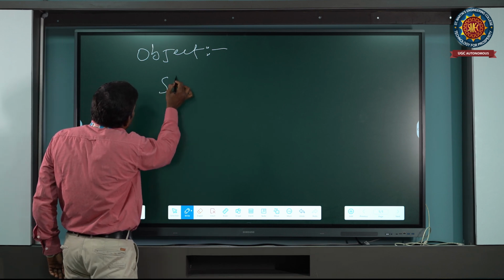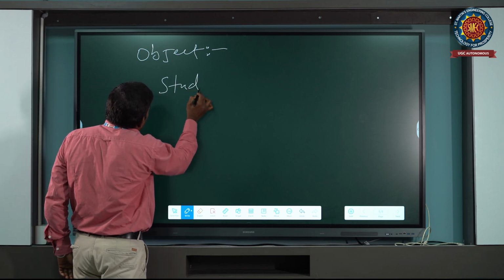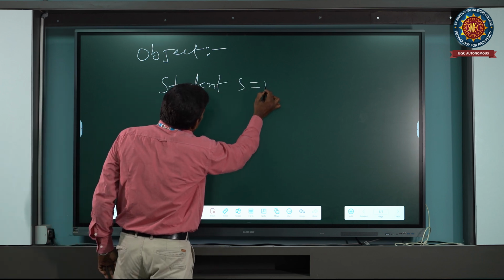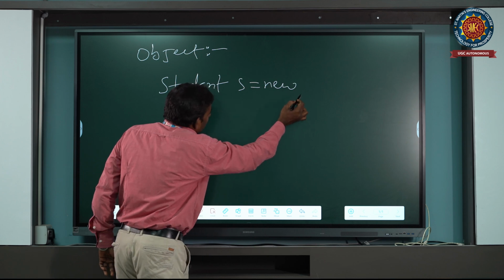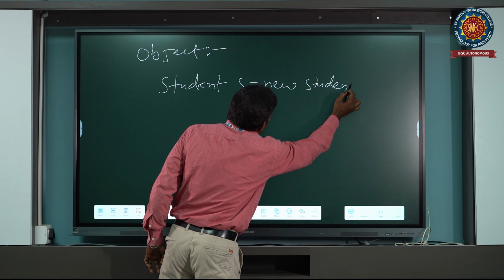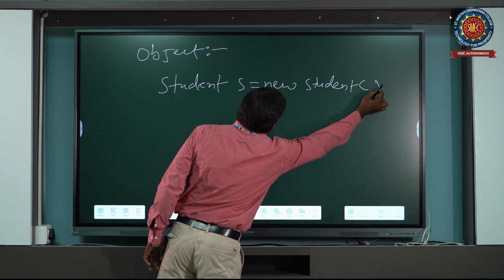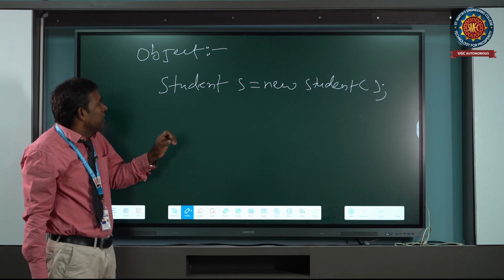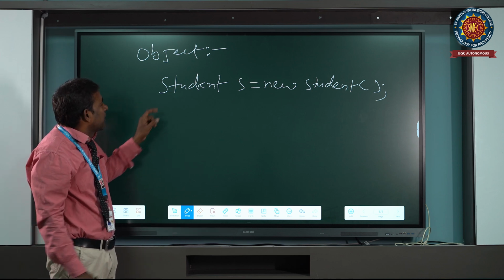How can we create an object for it? You write Student s equal to new Student, open and close. This is the syntax of how to create an object.